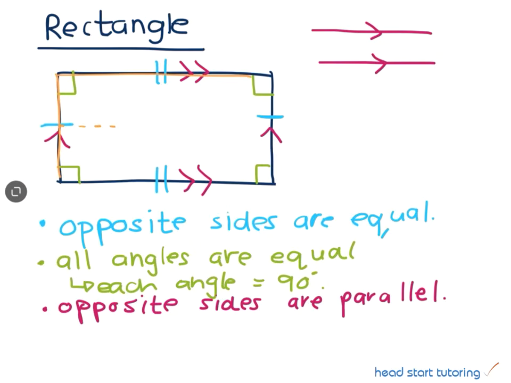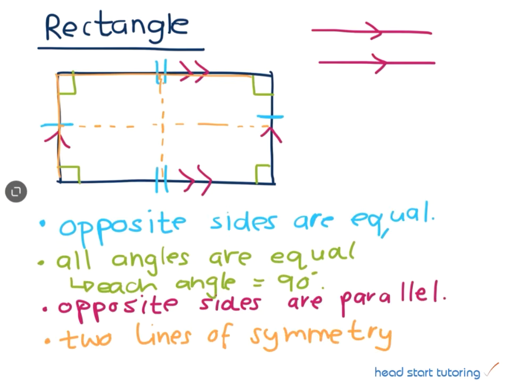So we've only got 2 lines of symmetry, a horizontal line there and our vertical line there in the middle. So in our rectangle we have got 2 lines of symmetry. Right, and these are the properties of your rectangle.